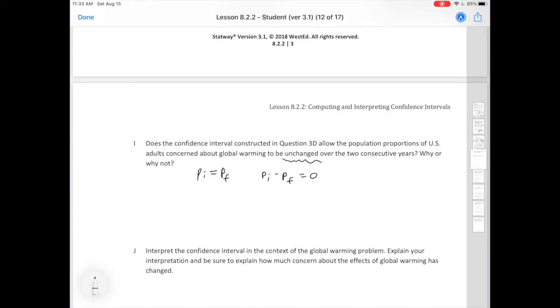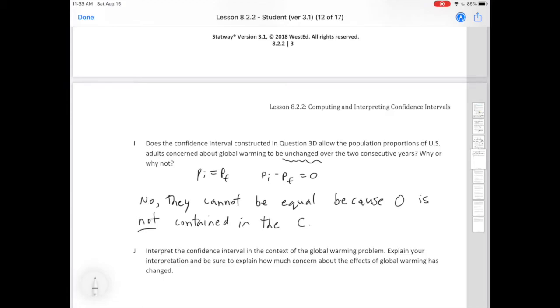So the answer is no, they cannot be equal, because 0 is not contained in the confidence interval. Okay, the only way 0 can be in the middle of a range of numbers is if it goes from negative to positive, right? And it's positive the entire time. Okay.